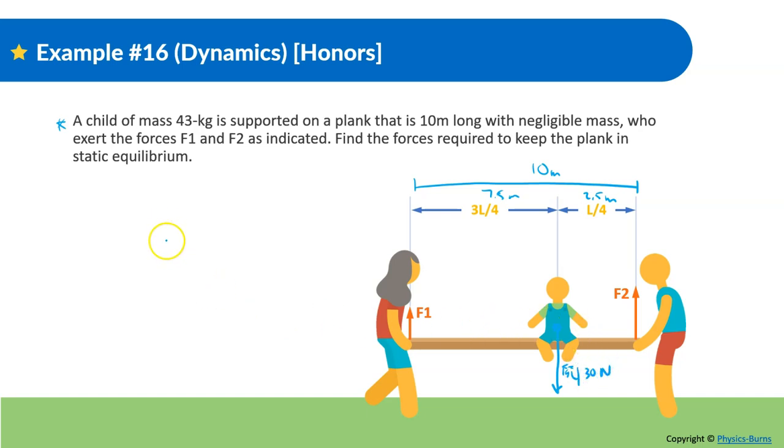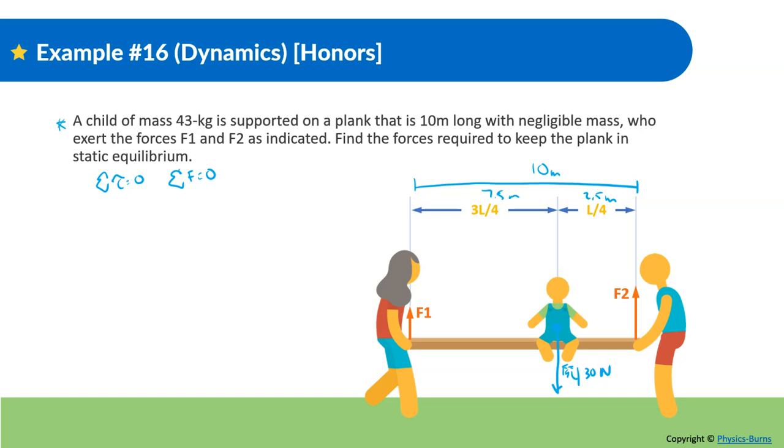Okay, so something that we should know about things in static equilibrium, meaning they're not rotating, accelerating angularly or translationally. What we should know is the sum of all torques is equal to 0, and the sum of all forces is equal to 0, because there's no acceleration happening.